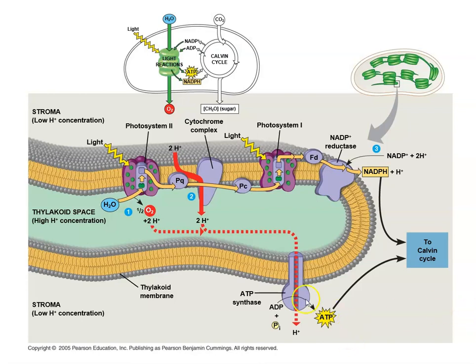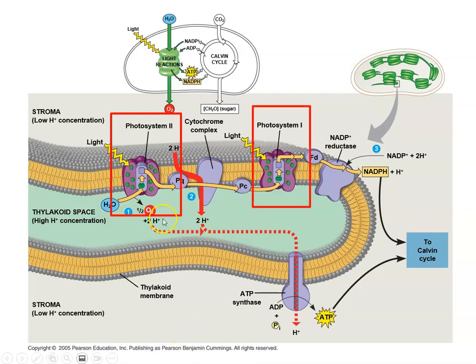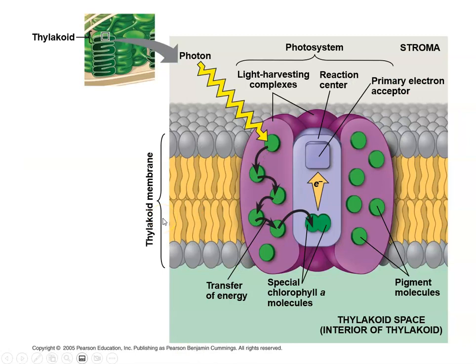Something that should look new here are these protein complexes, the dark purple ones with the green dots inside. These are called photosystems. A photosystem is a protein complex that has pigment molecules embedded in it.